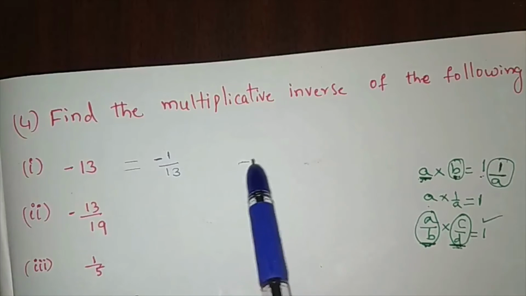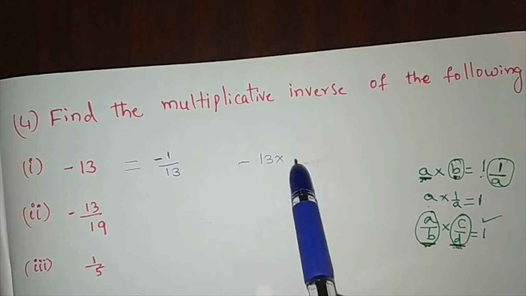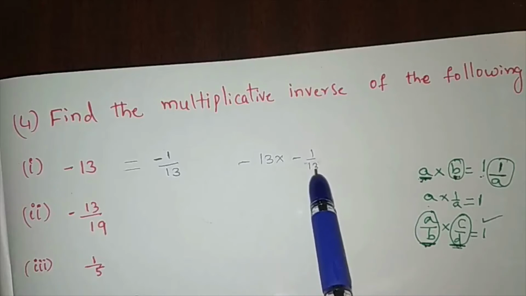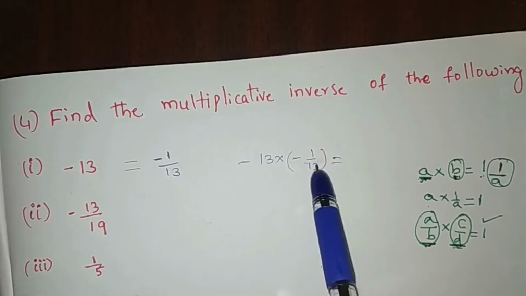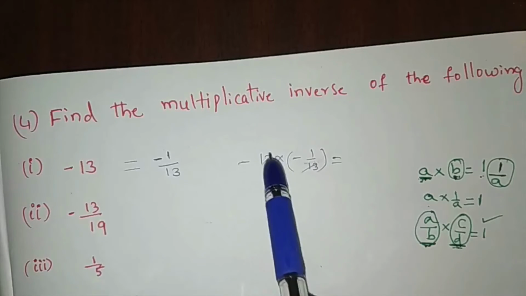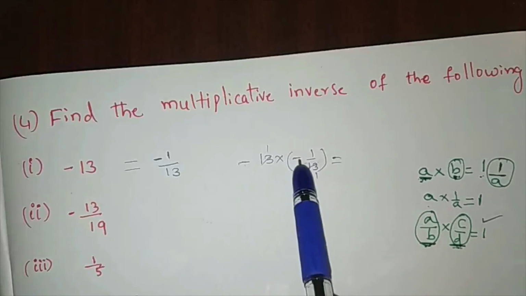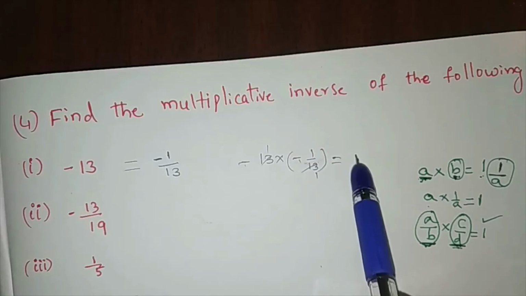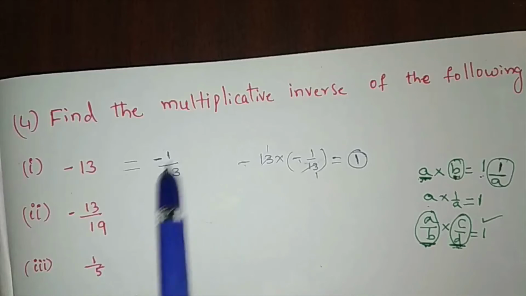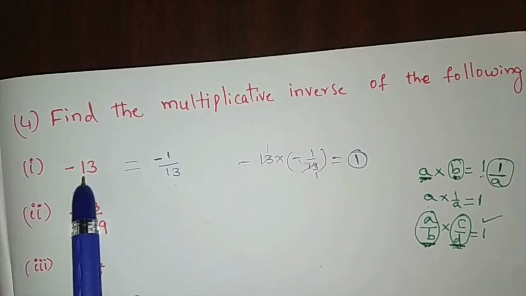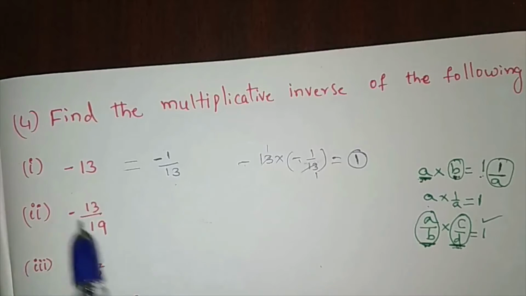See, minus 13 into minus 1 by 13. So 13 gets cancelled one time. Minus of minus is plus and we get 1. So minus 1 by 13 is the multiplicative inverse of minus 13.